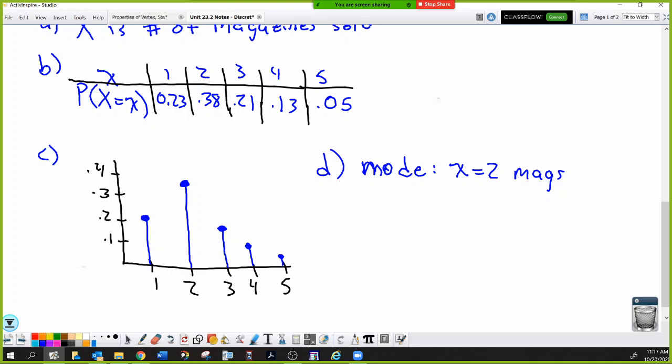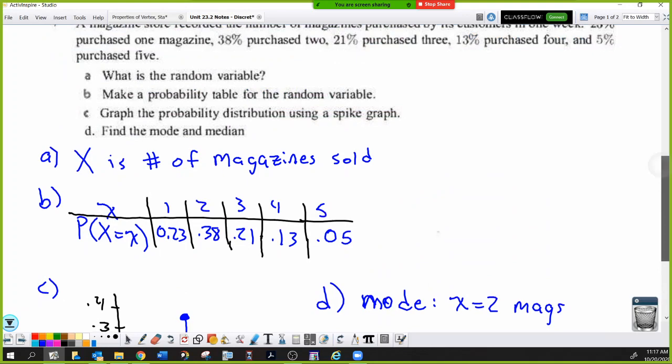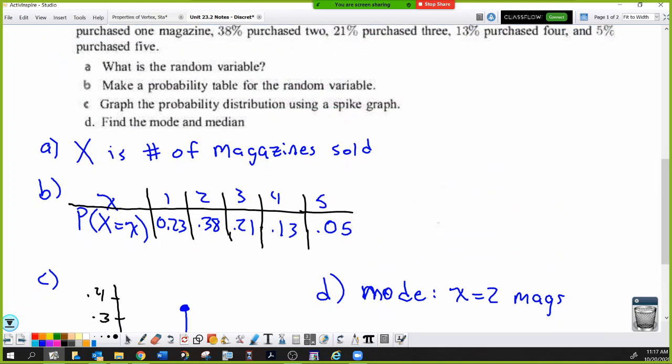But median's a little bit trickier. I'm sorry? We don't have part D on our paper. You don't have part D on your paper? No. Part D, find the mode and median. That's weird. I'm sorry, go ahead and add that.